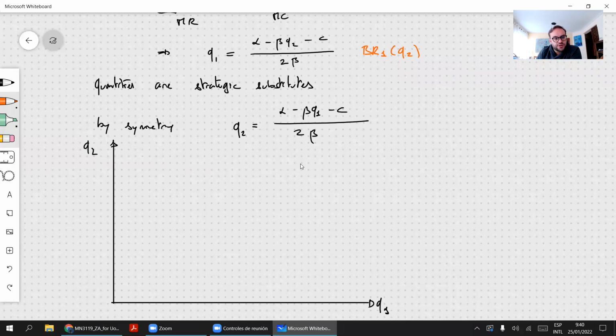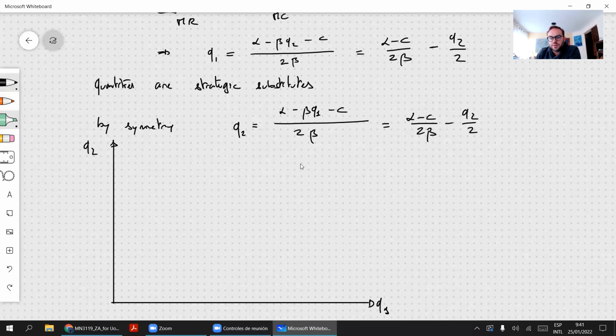Maybe it's worth separating this into alpha minus c over 2 beta minus q2 divided by 2, and I'm going to do the same here.